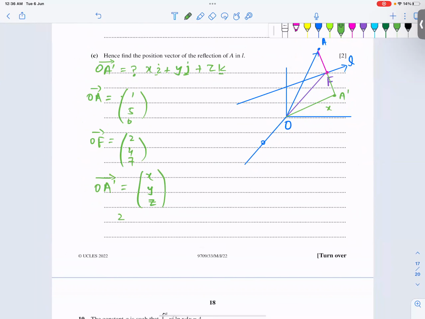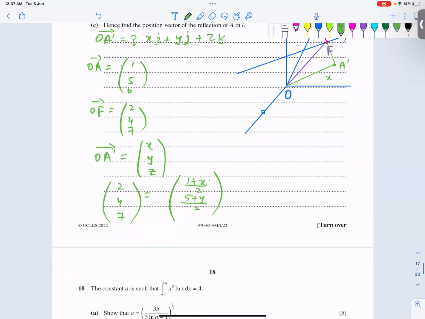You will get 2, 4, 7 is equal to (1 plus x divided by 2, then 5 plus y divided by 2, and then 6 plus z divided by 2). Now equate one by one, x plus 1 over 2 is equal to 2. This will give you x is equal to 3.